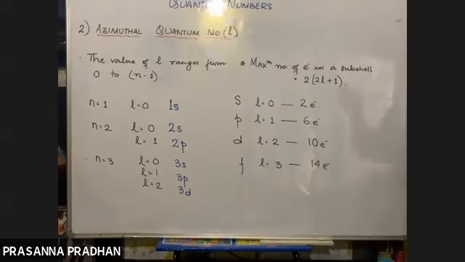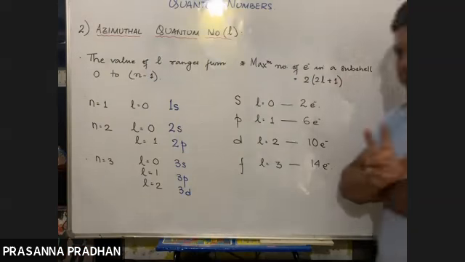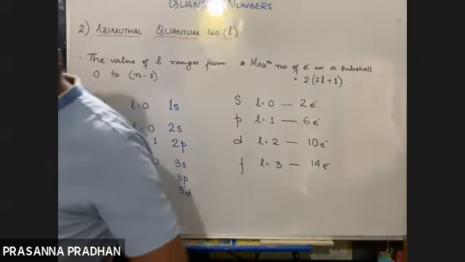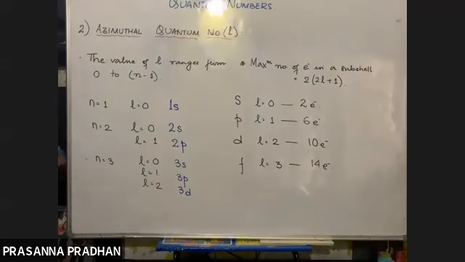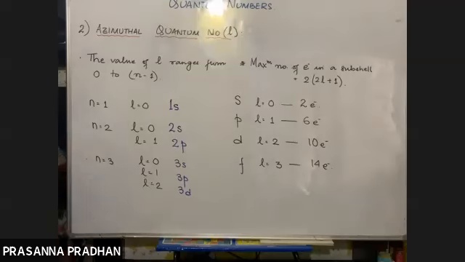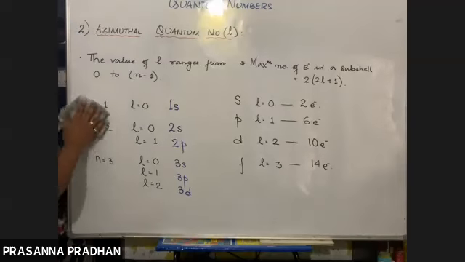Now we know the maximum number of electrons which can be accommodated in a particular subshell. S holds a maximum of 2, P a maximum of 6, then 10, and so on. I think it's quite clear now.